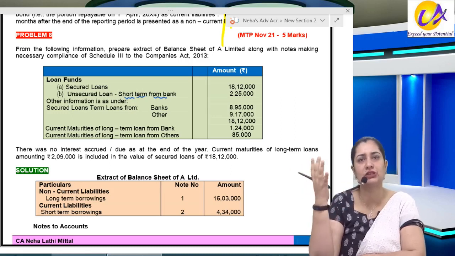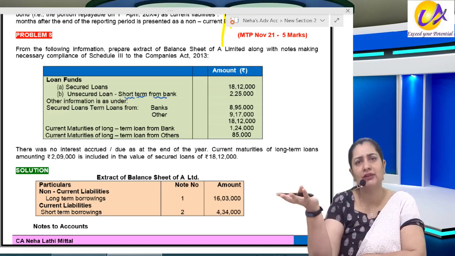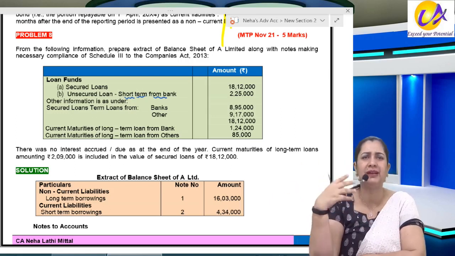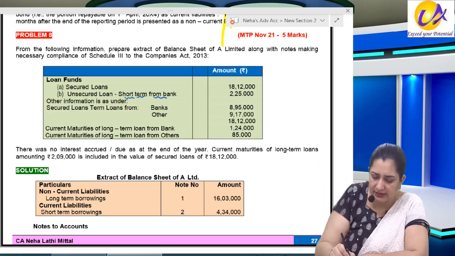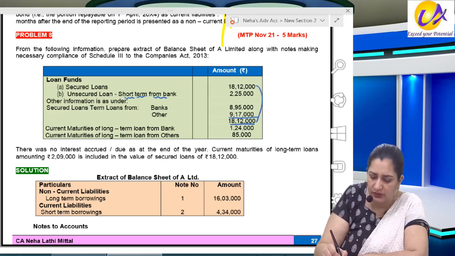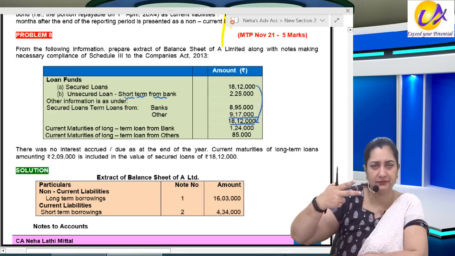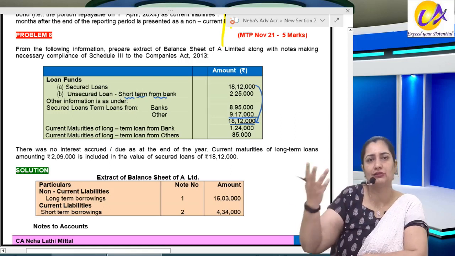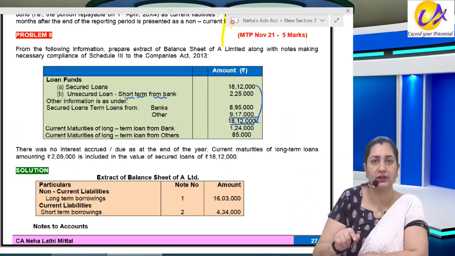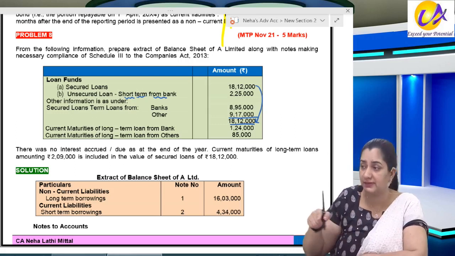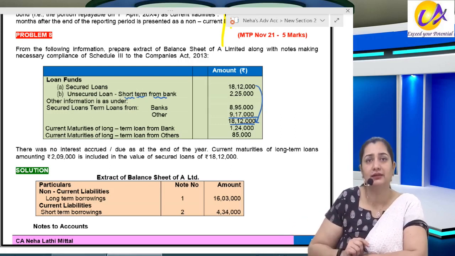So you have taken some secured loan from bank, some you have taken from others, not from bank, maybe NBFC, other parties, whatever. So this is 18 lakh 12,000, and they have given me the breakup from banks and from others. And current maturity, what I told you, which is payable in this 1 year.